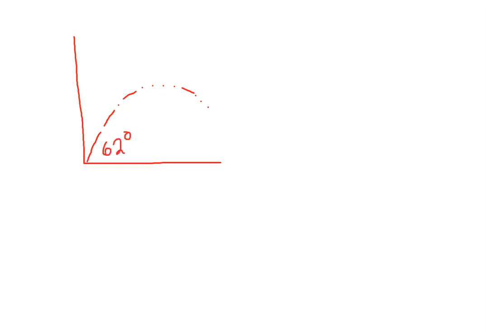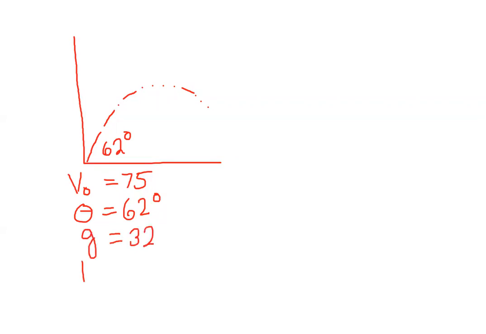So there's our angle. And what we know about it is the initial velocity is 75, and our theta is 62, and our g is 32, and our initial height is 0.